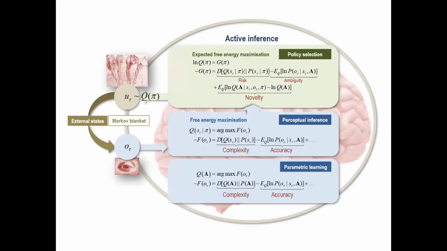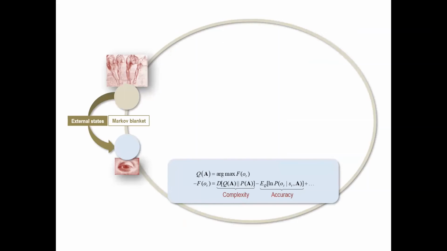So from the point of view of the free energy functionals, what we are now talking about is priors of the kind that pertain to the contingencies and rules that govern the way that the world works and generates data for us.